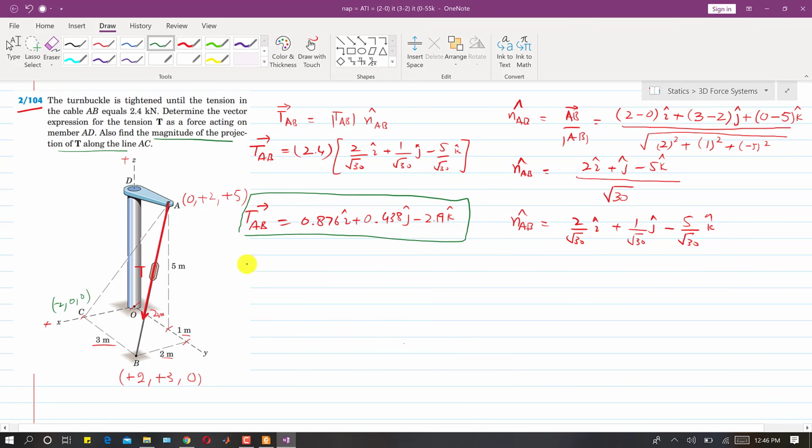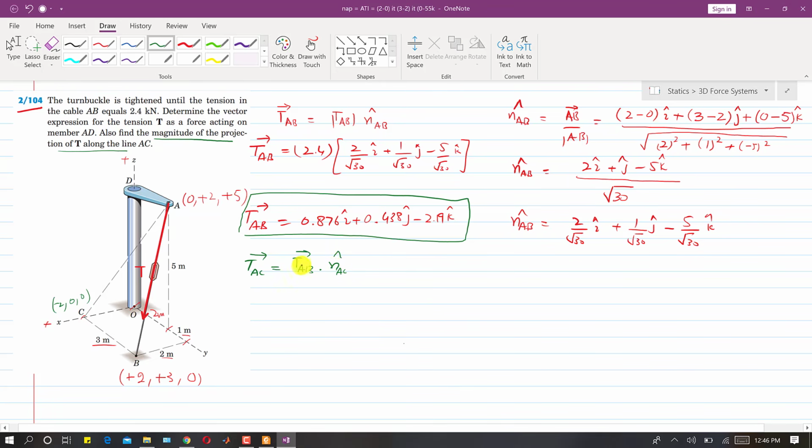Now to find the component of this TAB along AC, it will be equal to TAC, let's suppose. So this is the projection of TAB along AC, so it will be equal to the dot product of TAB and the unit vector, the direction vector along AC. So let's suppose I write that this is NAC, right?